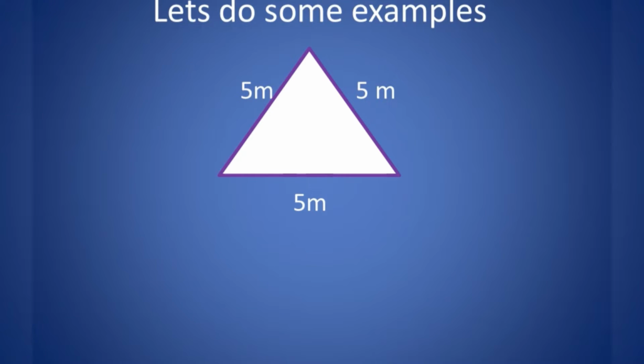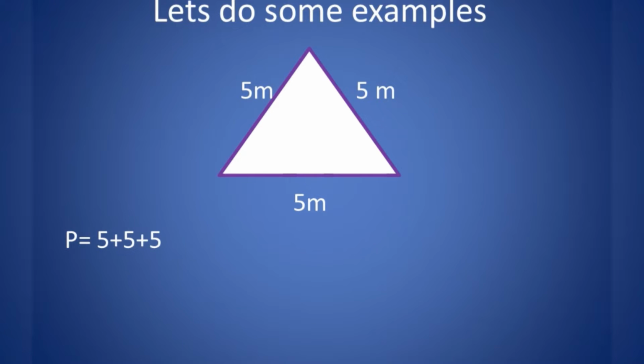Alright, let's try this triangle example. So on this length, you have 5 meter, on another length you have 5 meter, and on the bottom length you have 5 meter. So P is equal to 5 plus 5 plus 5.